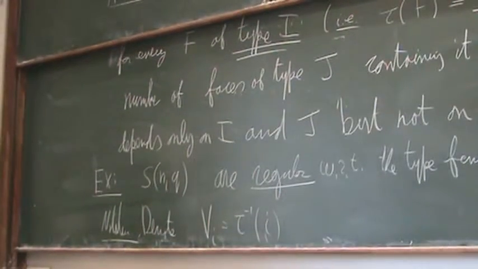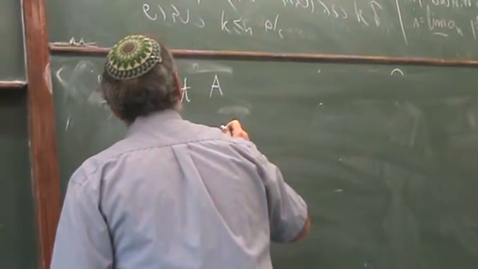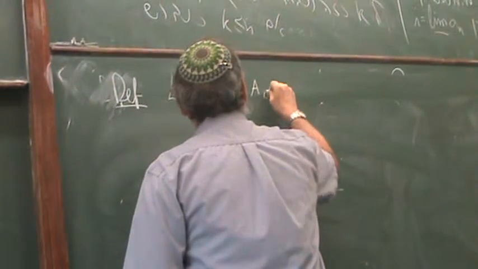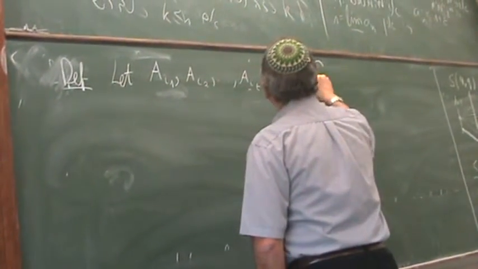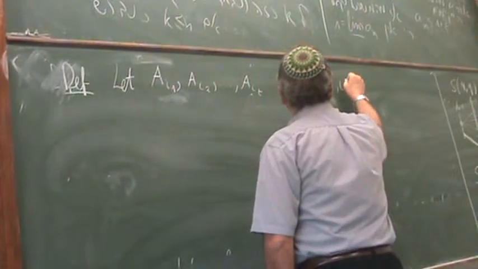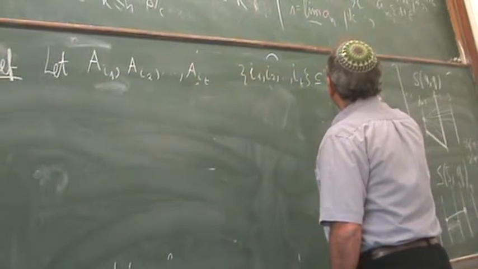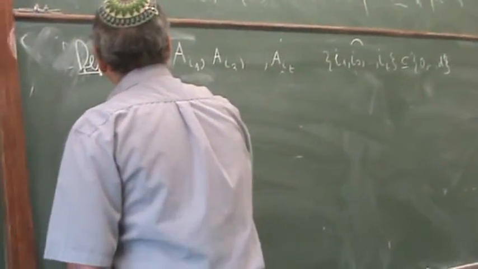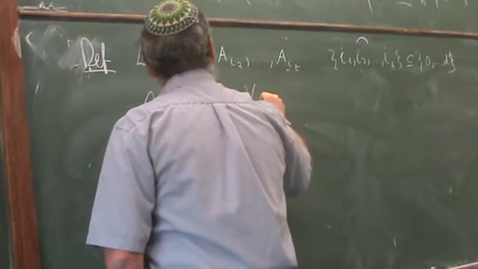And the definition is: let A_{i1}, A_{i2}, up to A_{it}, where i1, i2, up to it is a subset of 0 up to d, such that A_{ij} is a subset of V_{ij}.